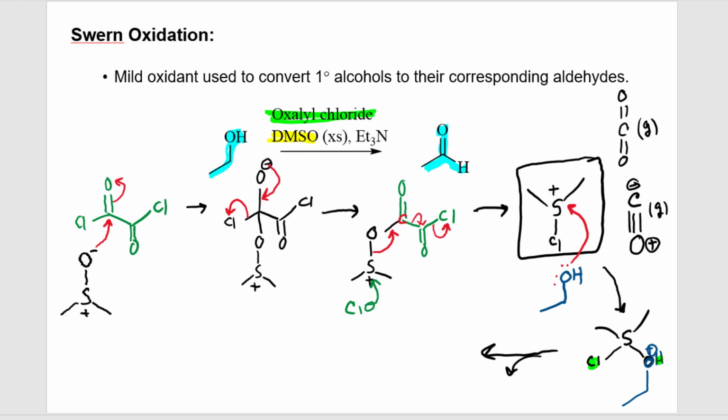The medium is going to help with this. We're going to lose HCl. This gets us to here. I'm going to now draw in the methyl. I drew in because that hydrogen is actually really important.